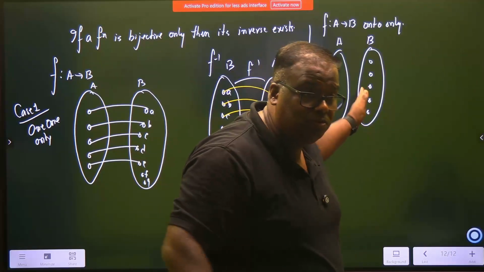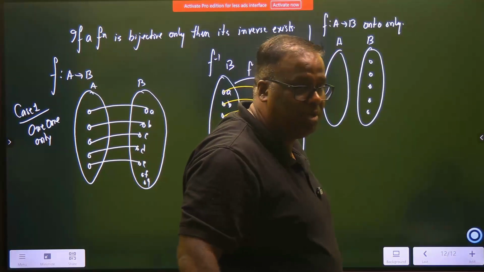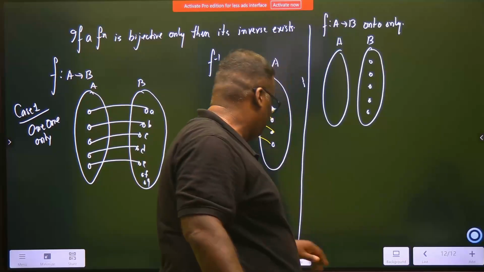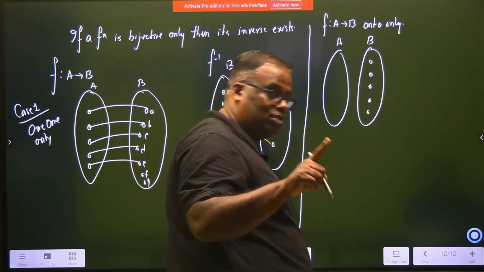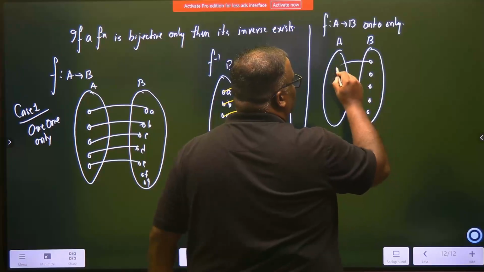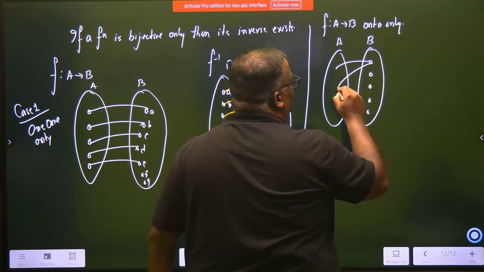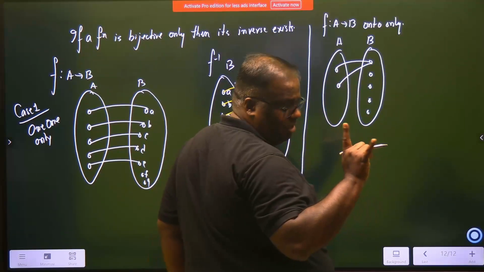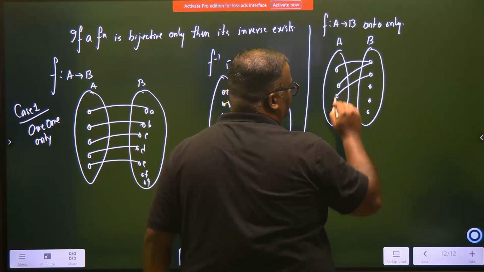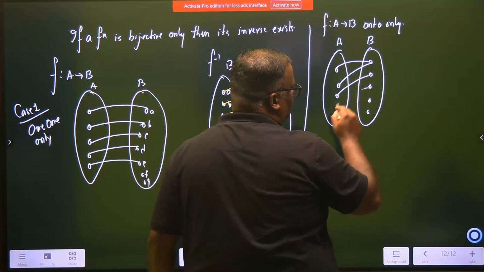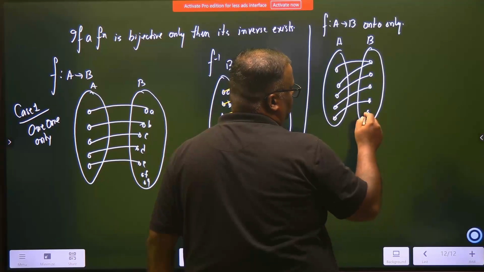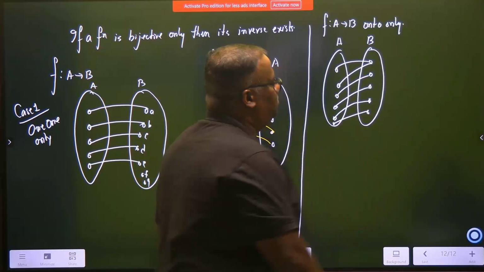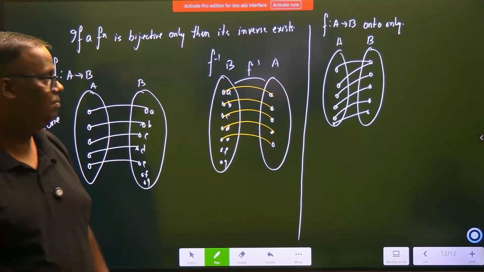Every element of B must have a mapping from at least one element of A. At least one means it can have more than one element of A also. Possible? This is a surjective function.